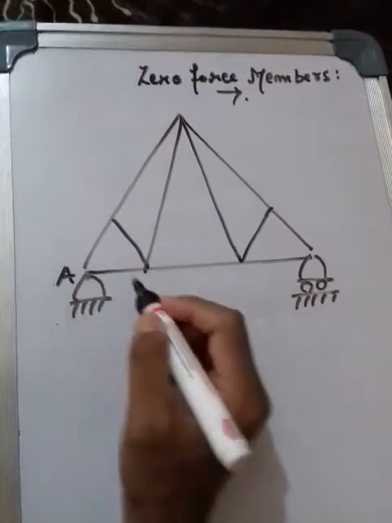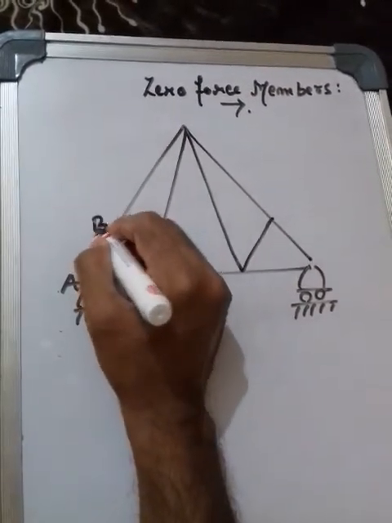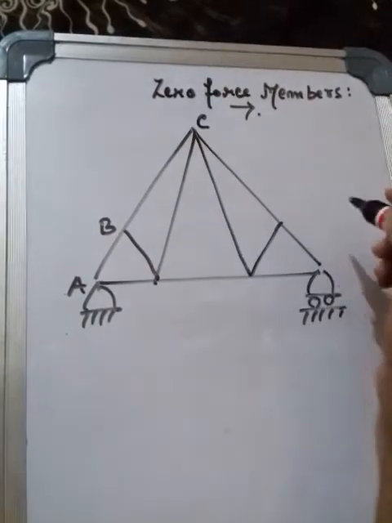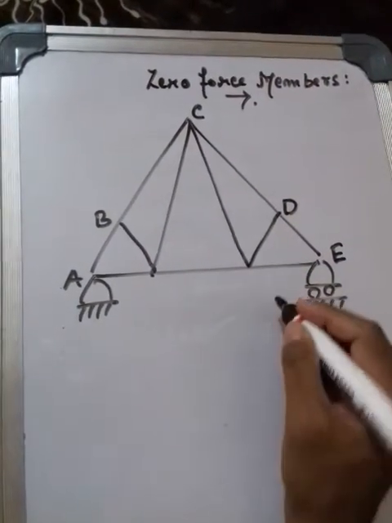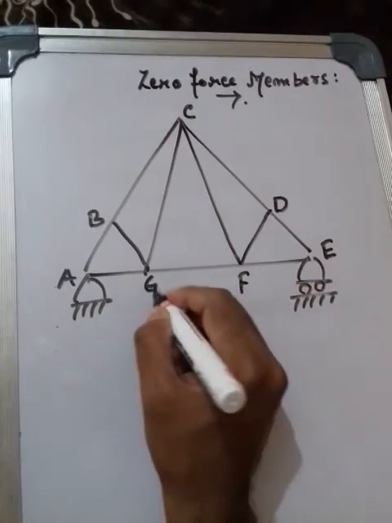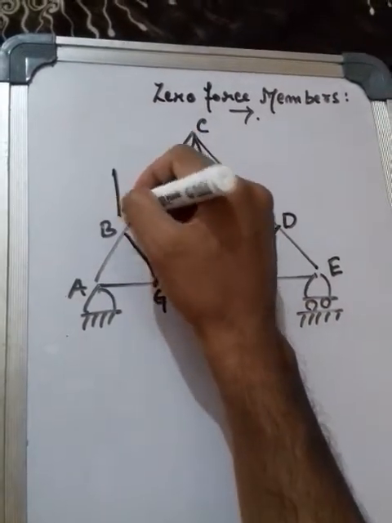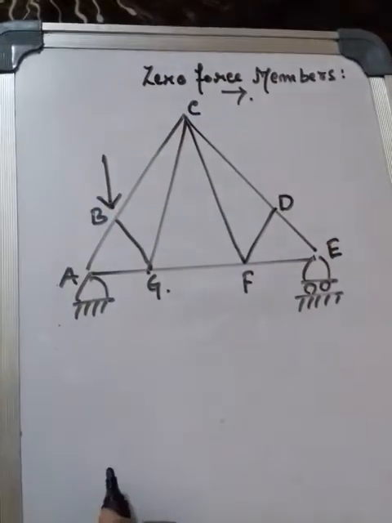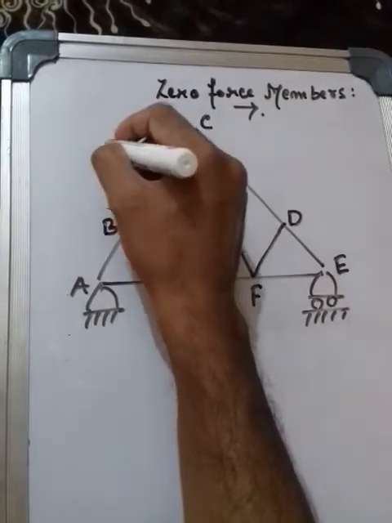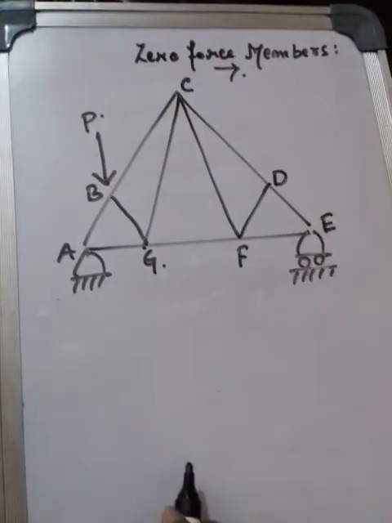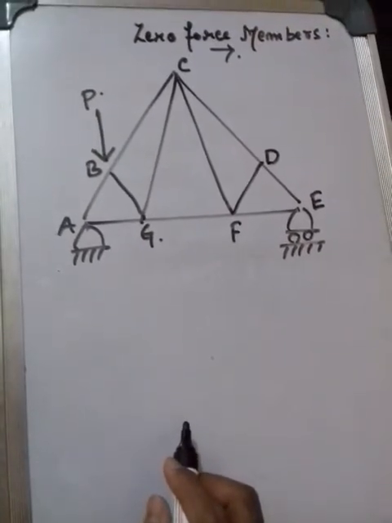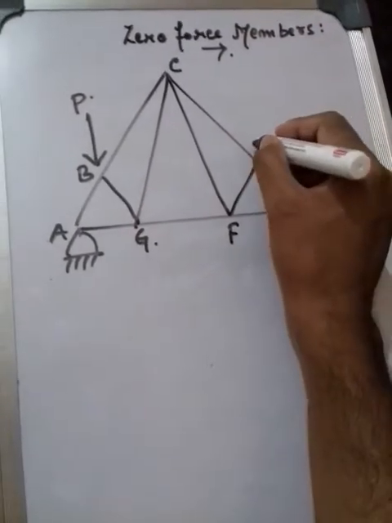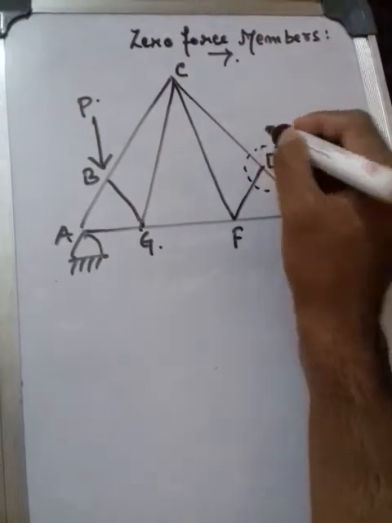Let us name the truss joints A, B, C, D, E, F, G, and this is the load which is acting at the point B. Now we will consider the case of joint D.